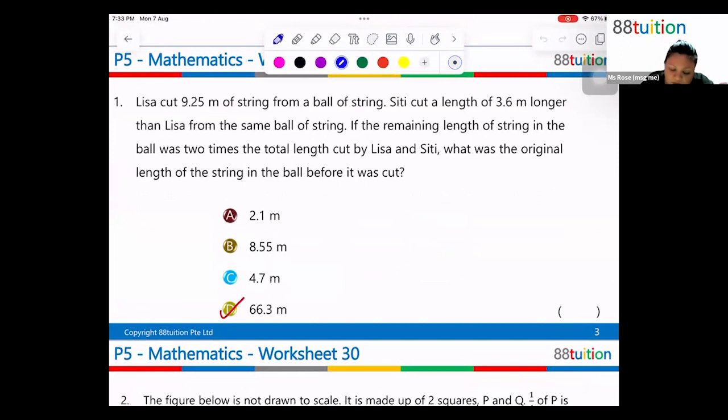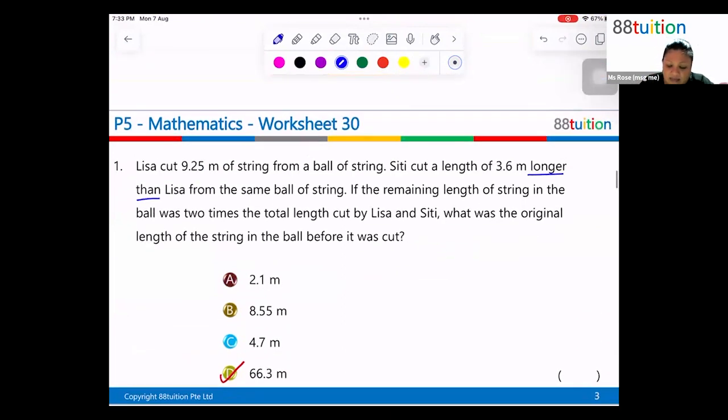When you come to a question you're not sure or not familiar with, you see this keyword here says longer than. As long as you see anything that has got more than, less than, longer than, shorter than, I would encourage you to draw and represent this information in the form of a model.